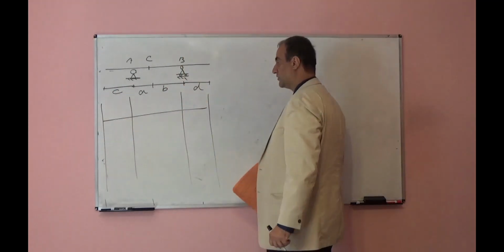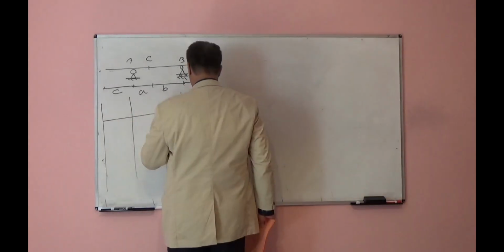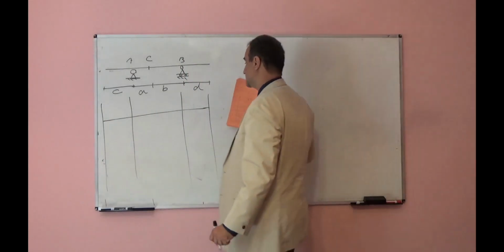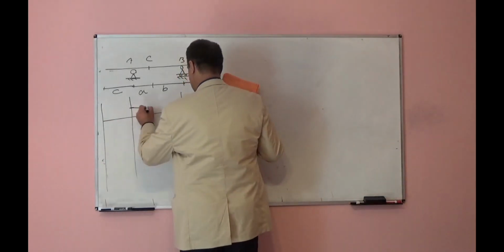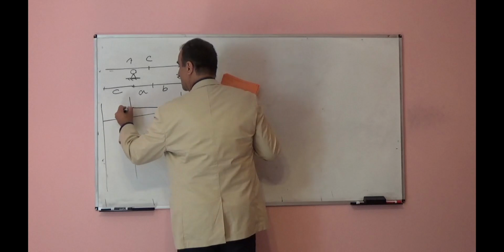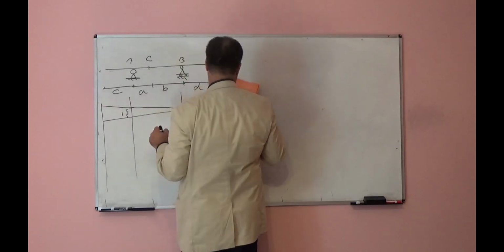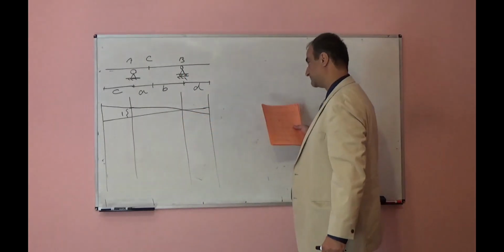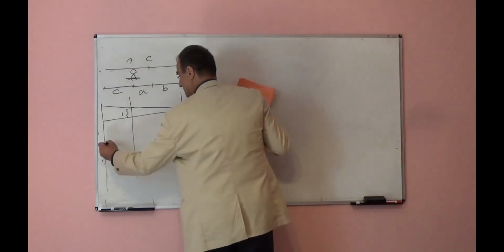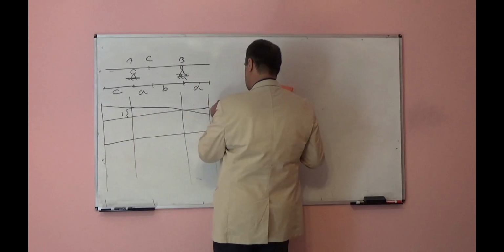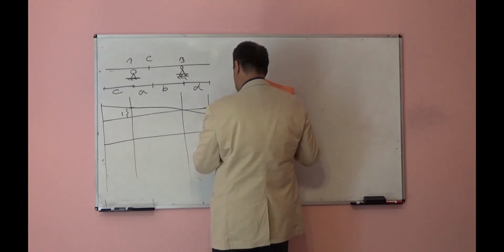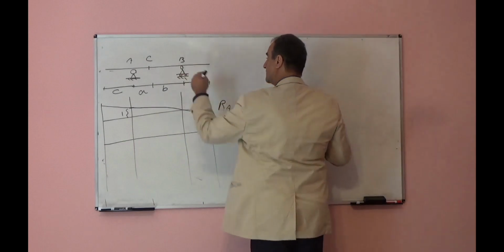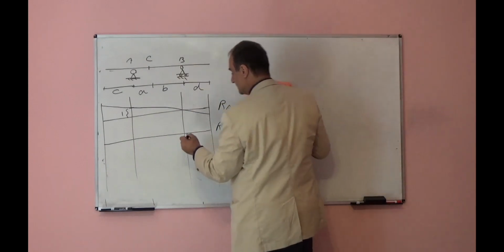You will remove point A and you will shift up by unit point A. So it will be like this. This is one. From similar triangle you can find that height. Influence line for reaction at B, you will remove support B, shift up by 1.